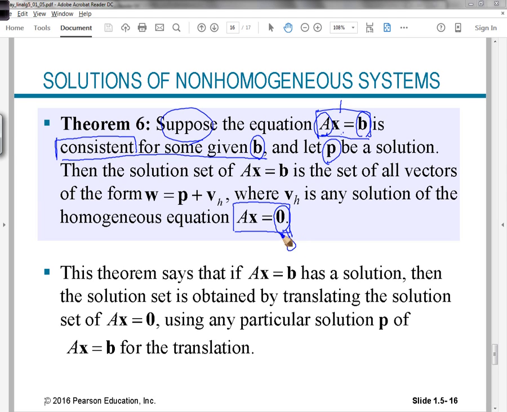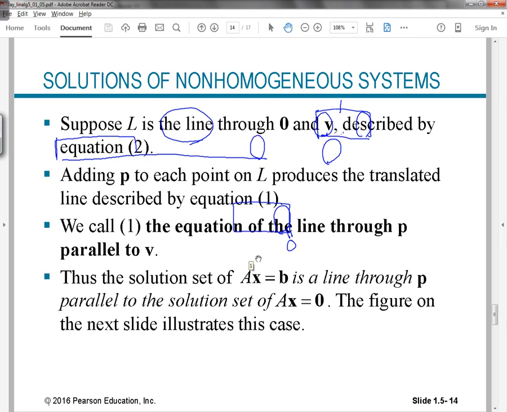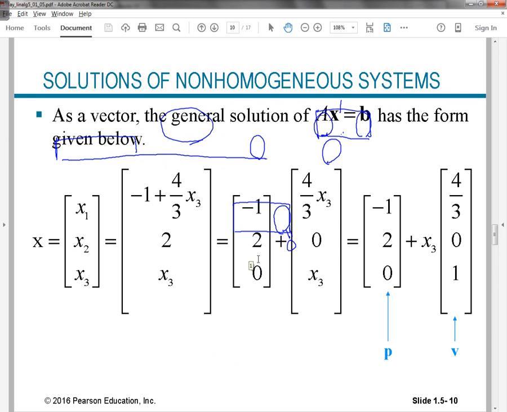And then it will give some forms like this, right? Without this part. And we know this part will remain the same between these two versions of a linear system.